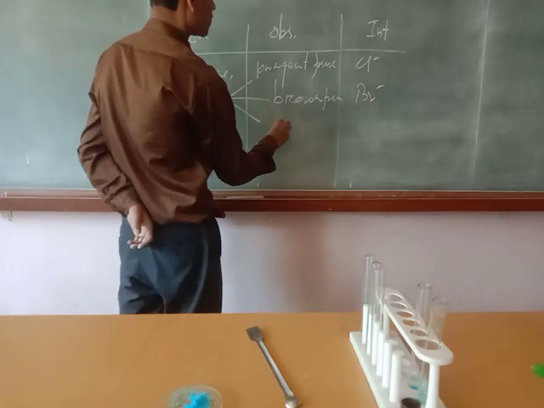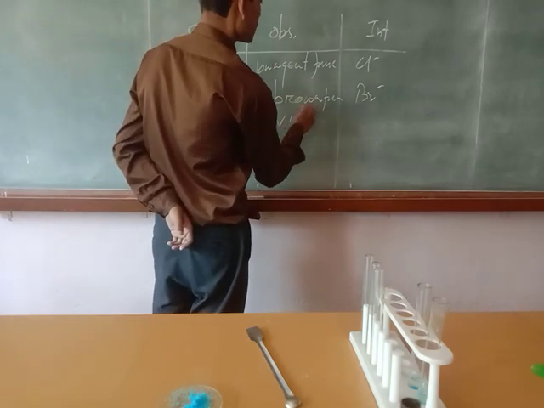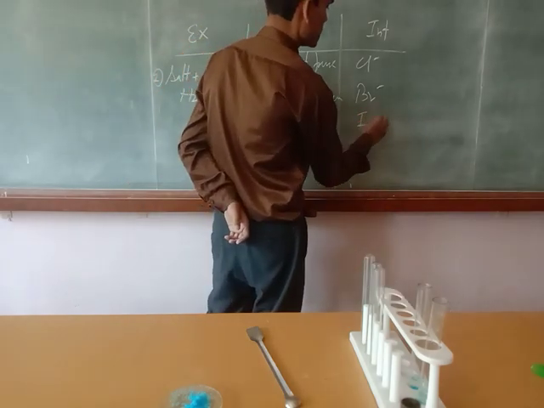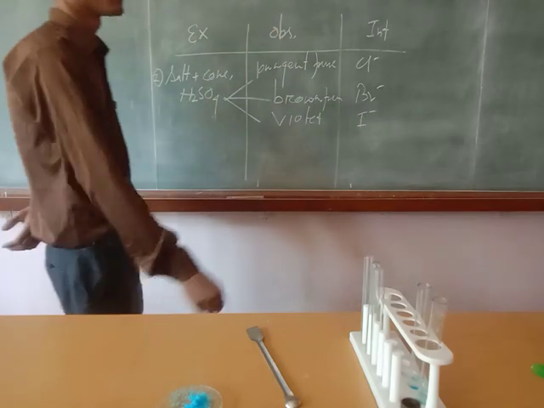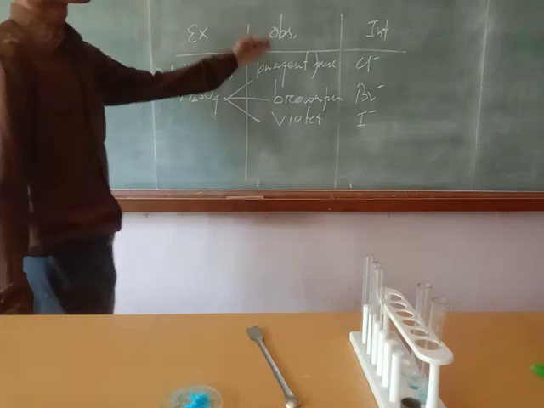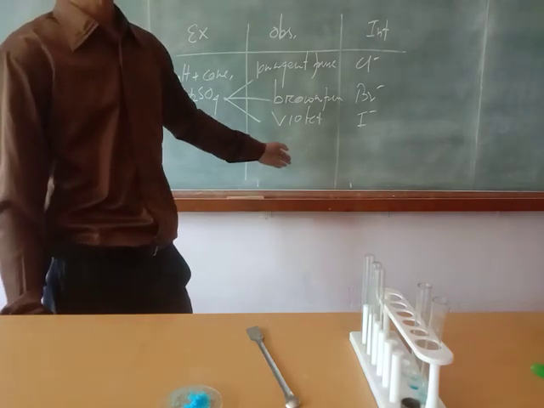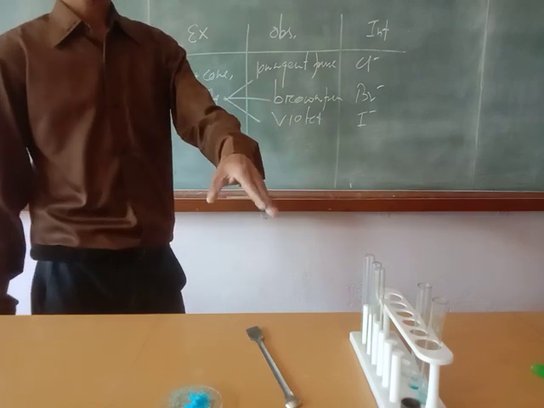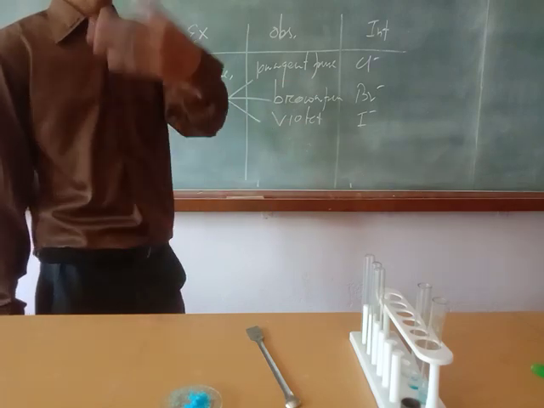If you observe violet fumes, then it indicates iodide. Since there is no observation at room temperature, I added copper turnings, then I applied heat.